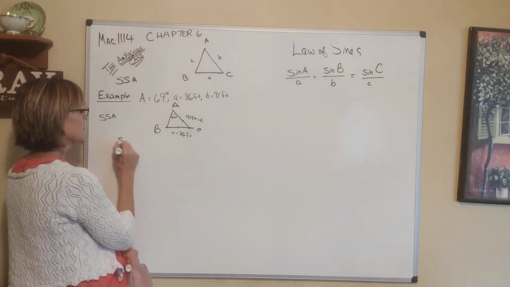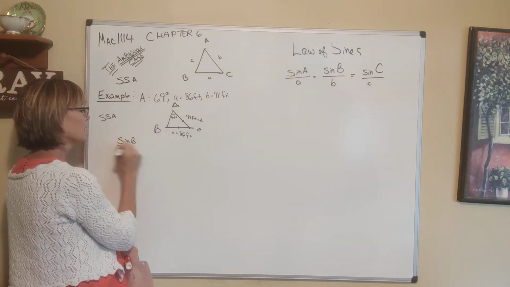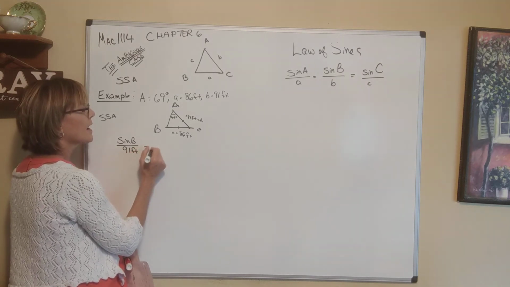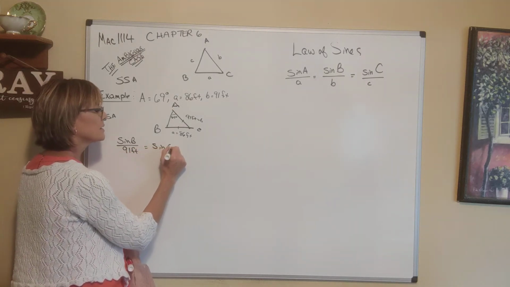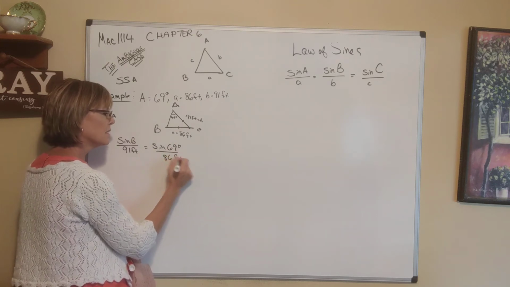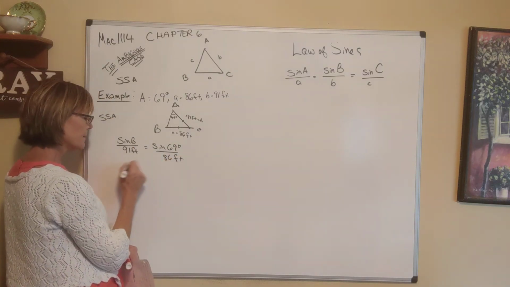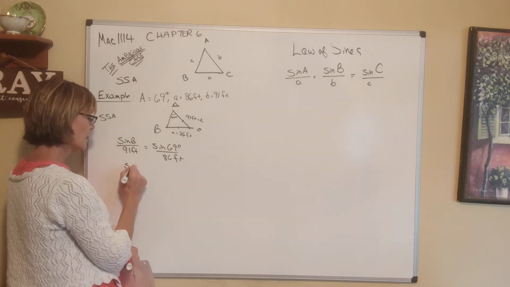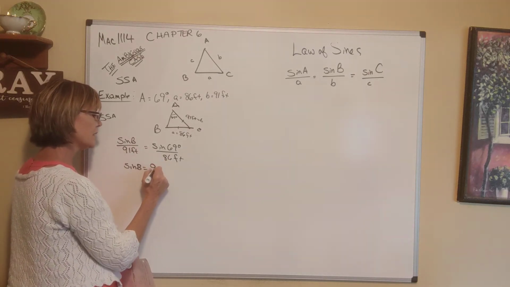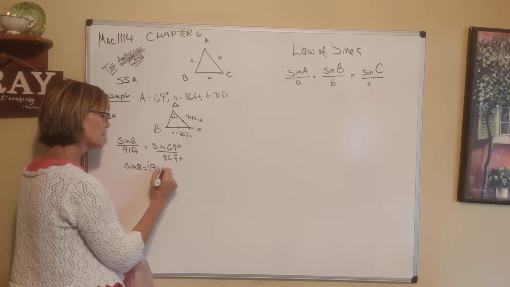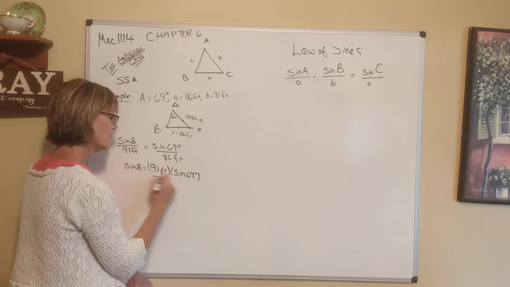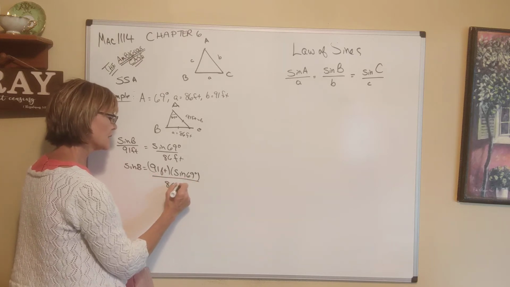So I say the sine of B is to 91 feet, as the sine of 69 degrees is to 86 feet. I will cross multiply and take the inverse sine. So sine B will end up equaling 91 feet times the sine of 69 degrees divided by 86 feet.